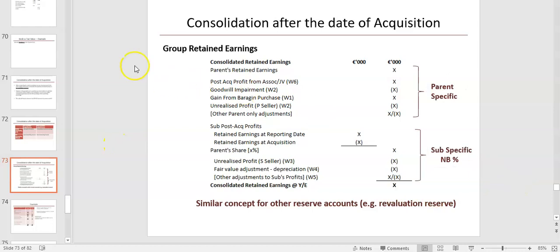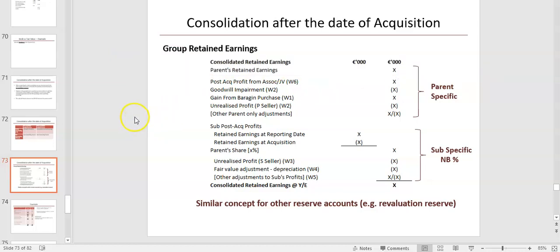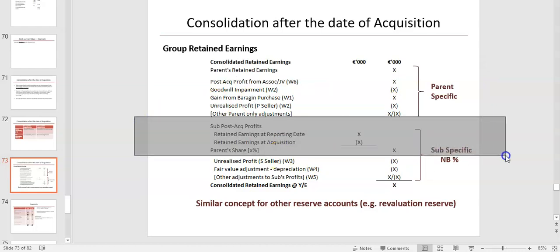But for now, your starting point for group retained earnings is what the parent retained earnings are, because they are a core part of the group. To that you then add the parent's share of post-acquisition profits, not the full retained earnings of the subsidiary, only the amount of earnings they've made since the date of acquisition.